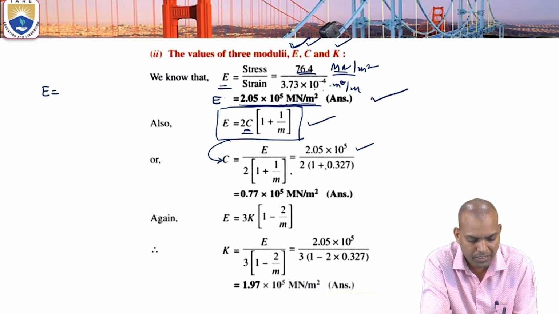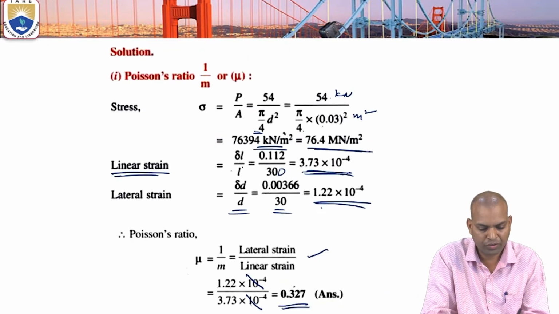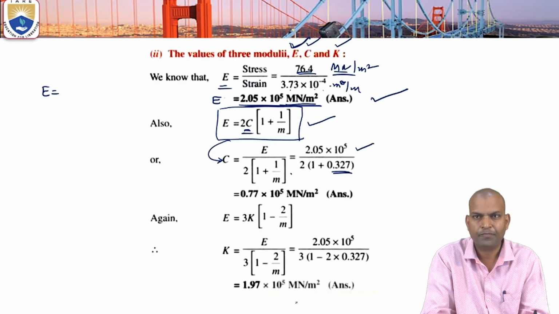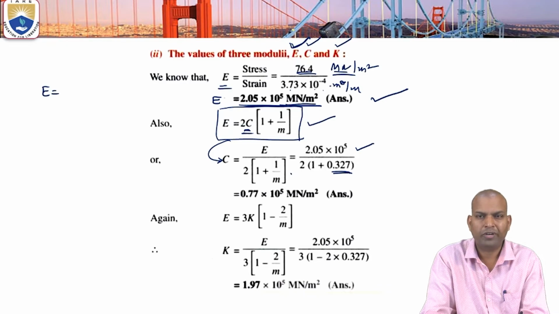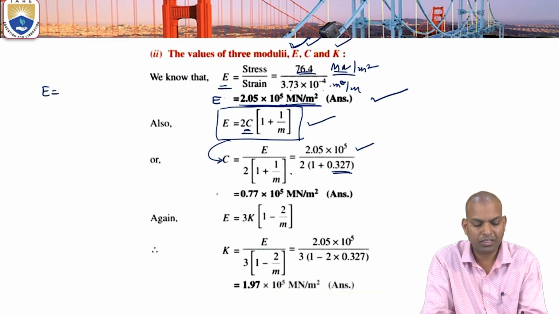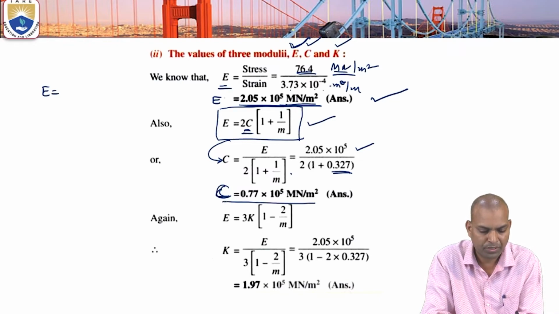Divided by 2 times 1 plus 0.327, the Poisson's ratio we calculated. After substituting all the known values, the unknown can be calculated. That is modulus of rigidity, 0.77 into 10 power 5 meganewton per square meter.